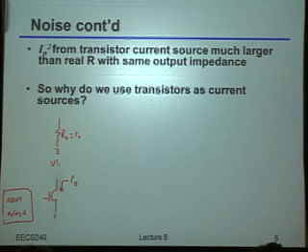Okay? So the natural question to ask ourselves is, why in the world did we use the transistor in the first place? Why wouldn't you just use a resistor for the current source and get a lower noise out of it?